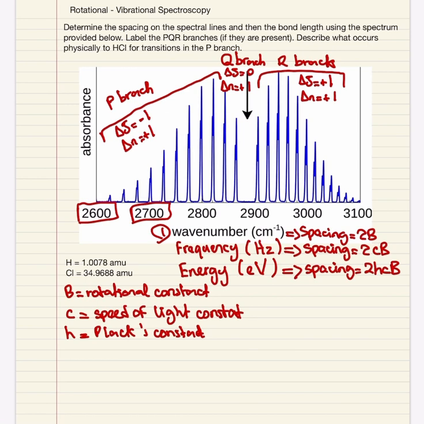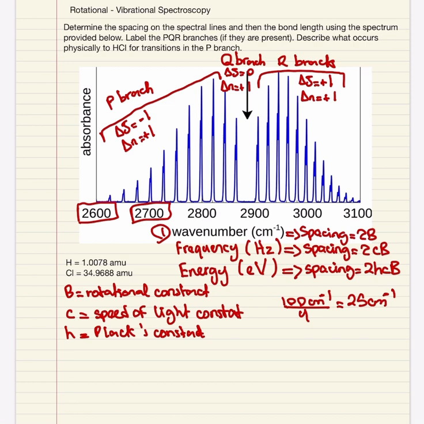The difference between 2600 and 2700 is 100 centimeter inverse, so we divide that by 4 because there are 4 lines apart. Dividing by 4, we get about 27 centimeter inverse. I know that's not the exact spacing, just an estimation, but that's the best I can do.